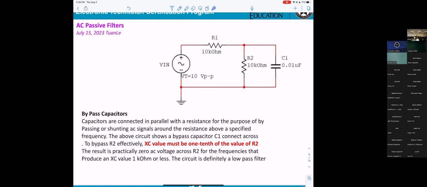At the frequency that produces an XC value of 1 kilo ohm or less, the circuit is defined as a low pass filter. That means this one tries to get the signal to pass through. So R1 and C1 is the low pass filter, in order to make sure the signal bypasses.